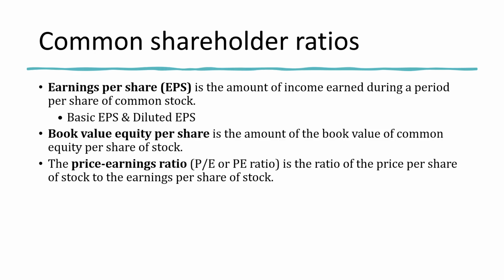Now there are different variations on PE ratios. Sometimes we look at leading, so we're going to use expected earnings per share, or we have a PE calculated looking back at the last 4 quarters of earnings. So you'll see some variations in the PE ratio calculations.